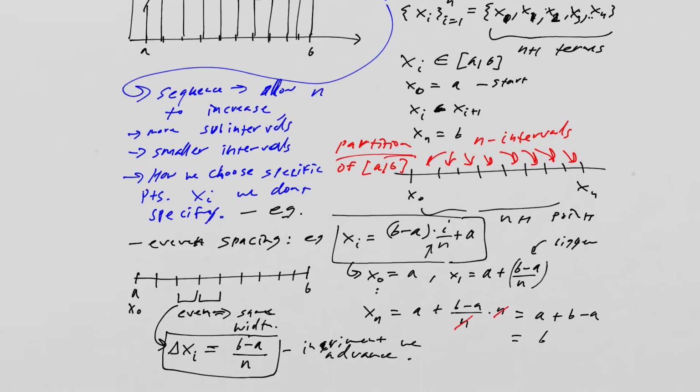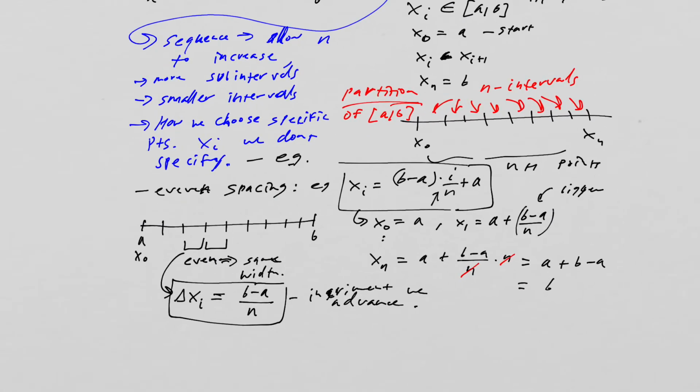And the final ingredient to this is that we also have to choose a representative point. We're going to call that xi star. And these are representative points, I should say.